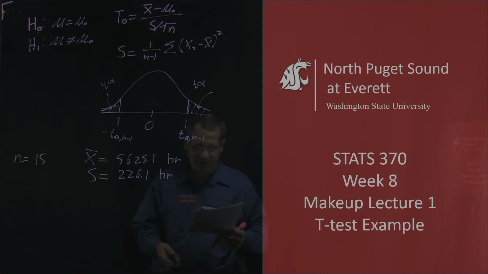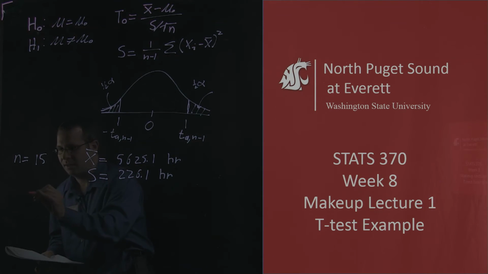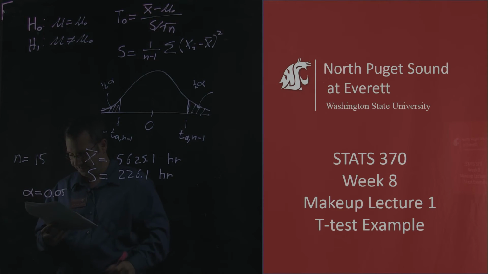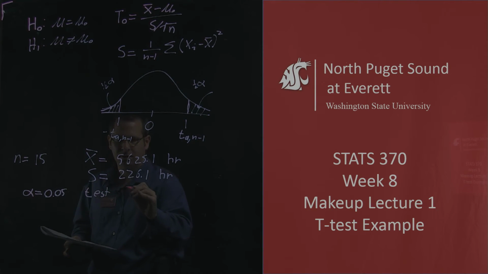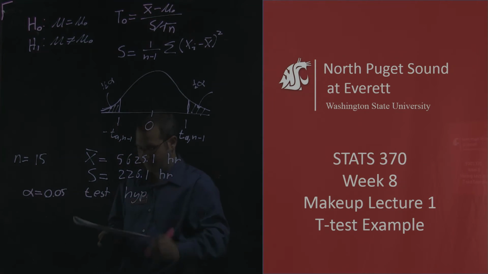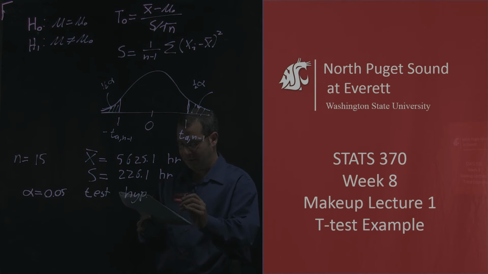And we're asked, with an alpha of 0.05, to test the hypothesis that mu is greater than 5,500 hours.